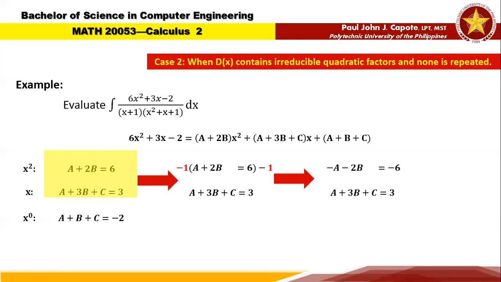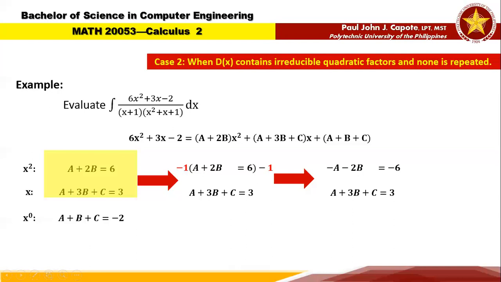So to eliminate the constant a, I'll multiply negative 1 to the terms of the first equation. So we have negative 1 times a, and negative 1 times positive 2b, we have negative 2b, negative 1 times positive 6, we have negative 6.